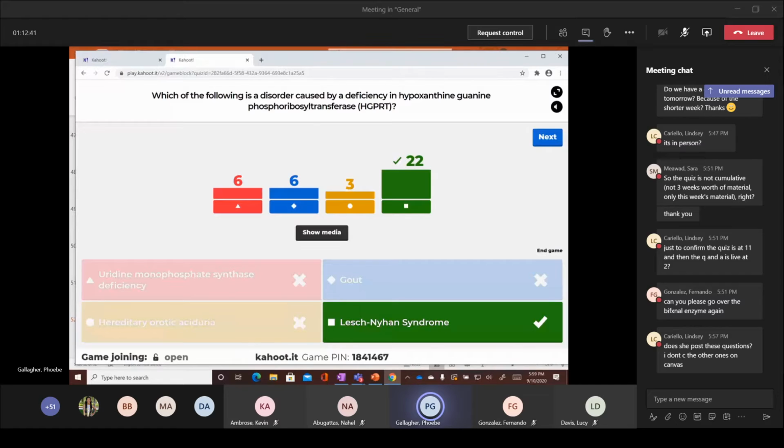Awesome. Great, guys. So the red and the orange answer choices are the 2 names for the same thing. It's the pyrimidine metabolism disorder. And then obviously it's not gout. But yeah, Lesch-Nyhan syndrome is the one for that. Just have to memorize that stuff.